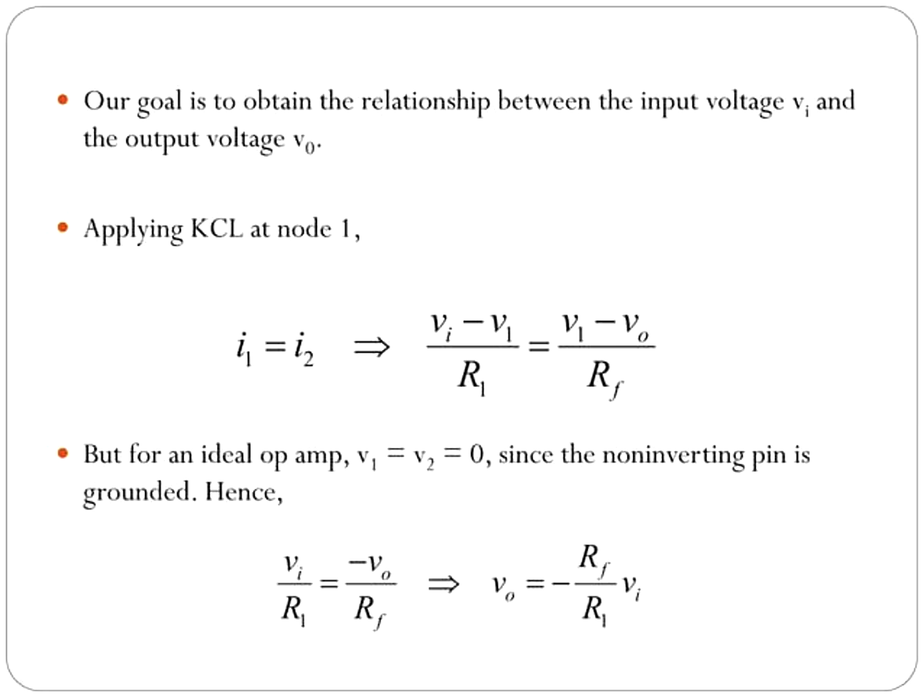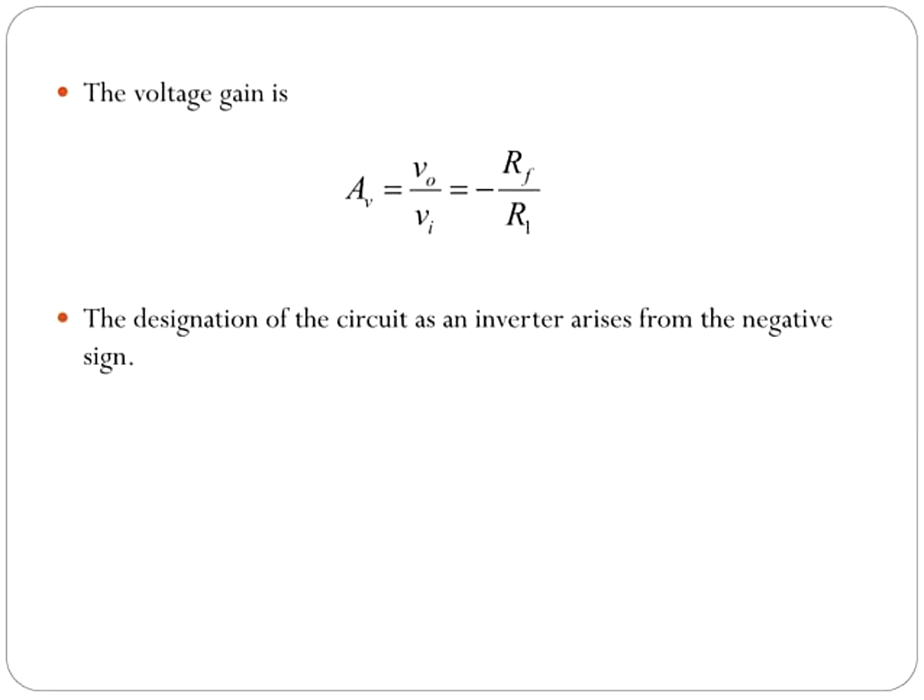From the above equation, we can find the output voltage. The gain is given as output voltage divided by input voltage, and that will be equal to minus Rf by R1. Since the gain we have obtained here has a negative sign, it is said to be an inverting amplifier.